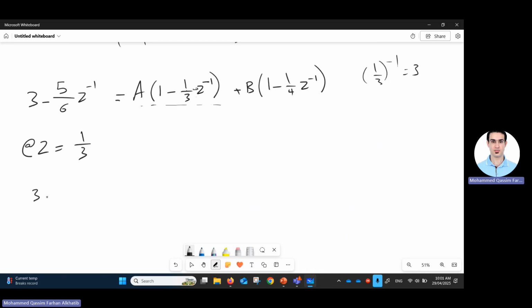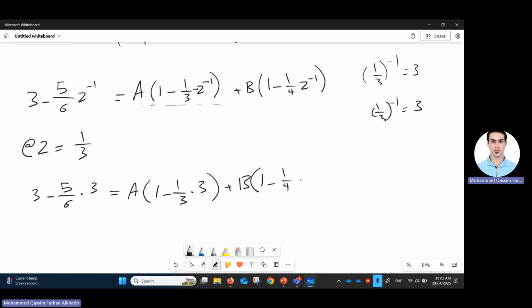So I have 3 minus 5 over 6 times z negative 1. 1 over 3 to the negative 1 equals 3. So I have times 3. That equals A times 1 minus 1 over 3 times 3 plus B times 1 minus 1 over 4 times 3.